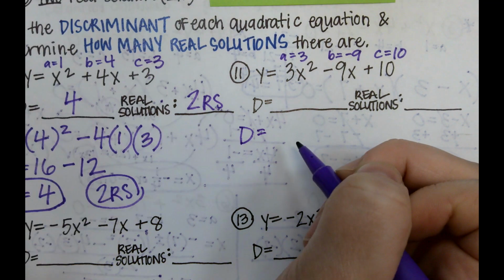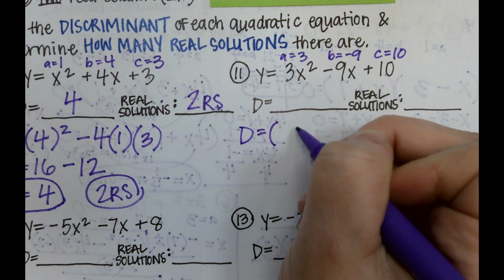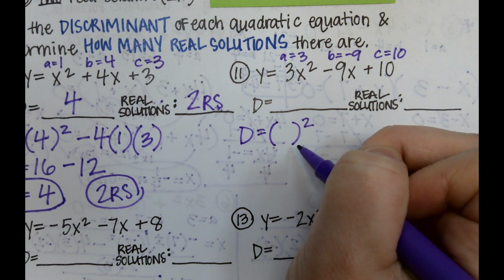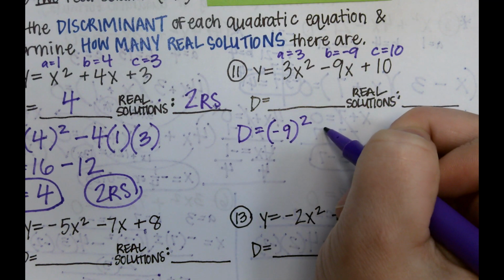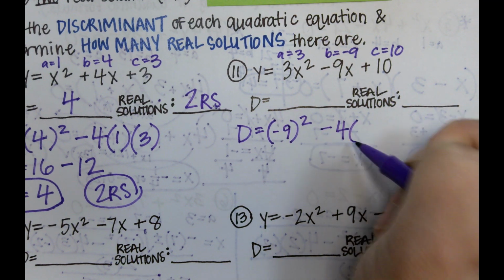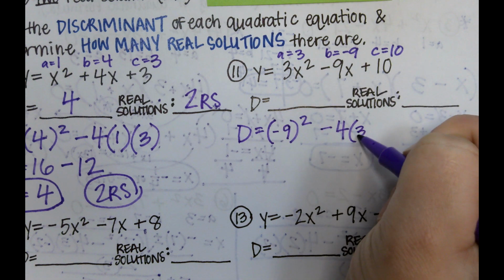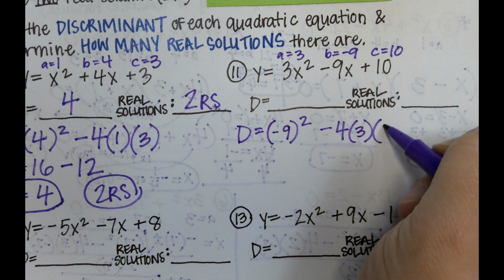Remember we're doing B squared, and our B is negative 9. Minus 4 times A, 3, times C, 10.